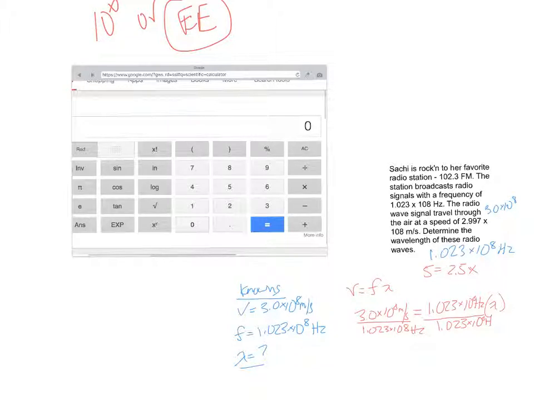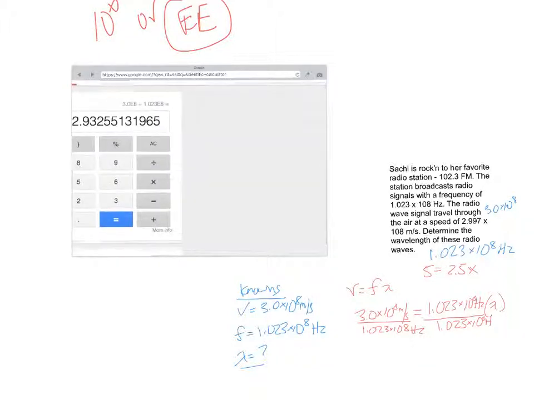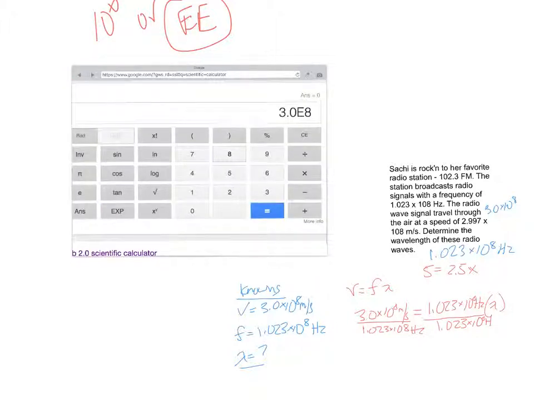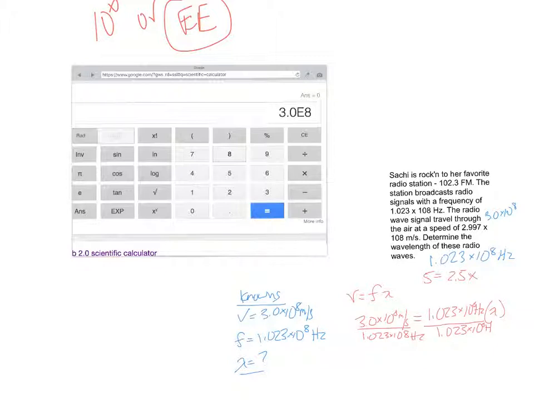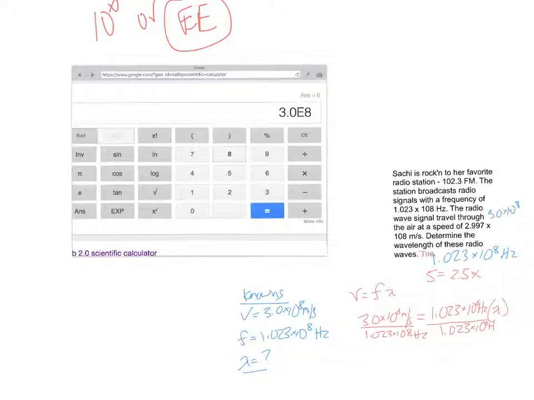Let's see if I can get this to work now. Times 10 to the 8th divided by 1.023 E to the 8th equals. Maybe.